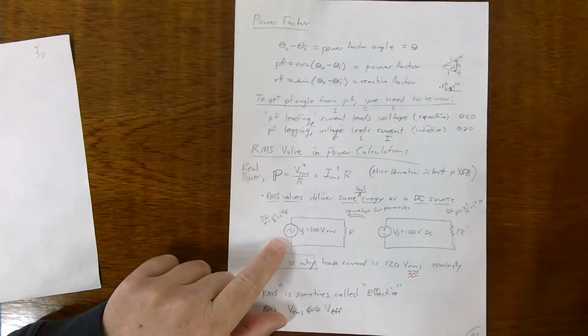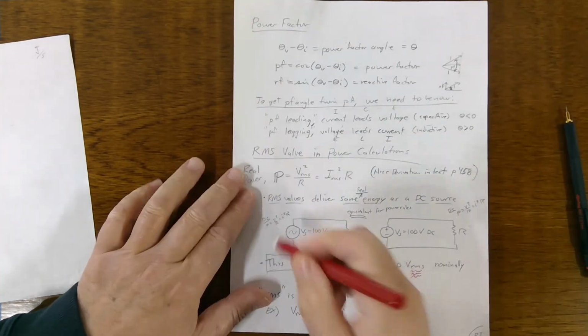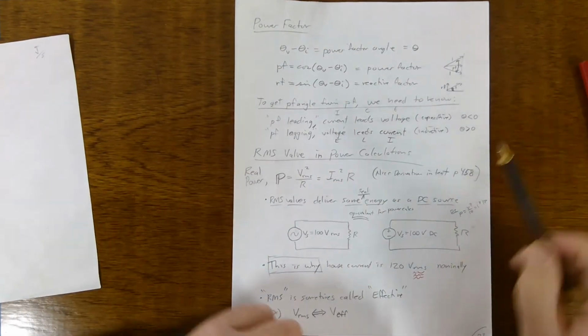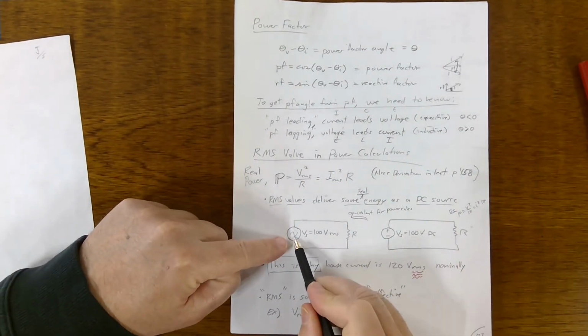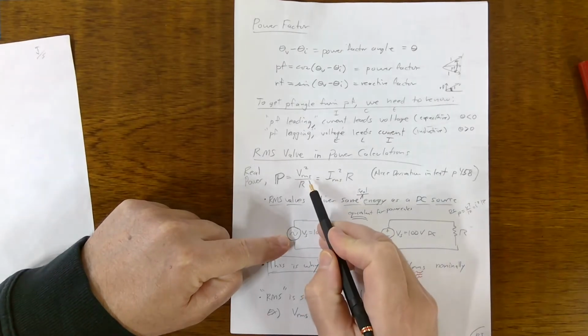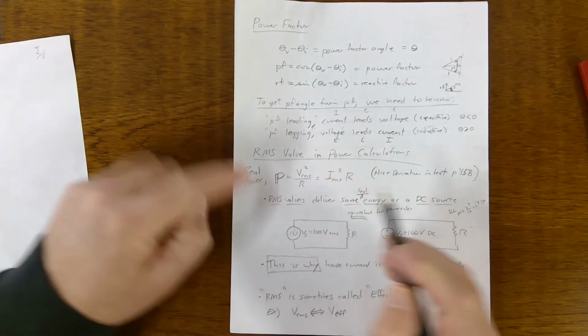But for an AC circuit, if you use RMS values, then you can use these two formulas, and it's convenient.